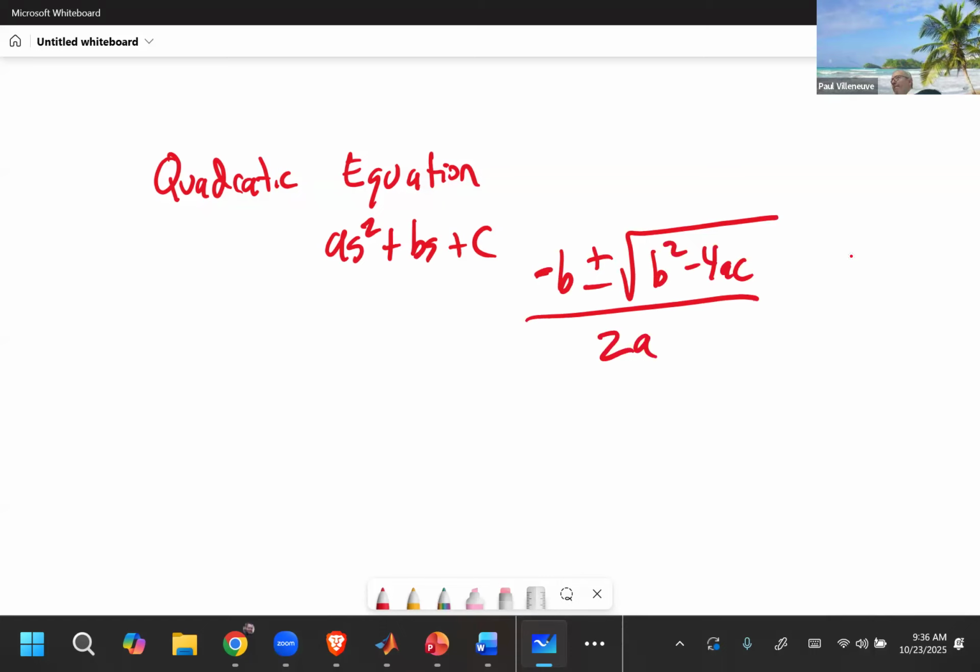Remember that, right? It might have been a minute, but it's not super challenging. You just plug in the numbers. But I wanted to show this because it's really important to know where we get the A, B, and C from. So let's go ahead and grab that from here.